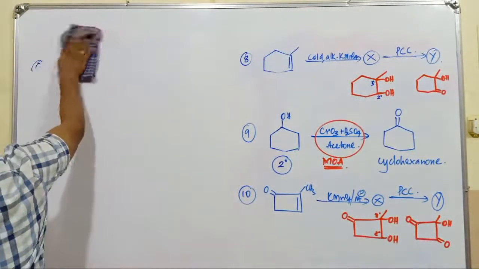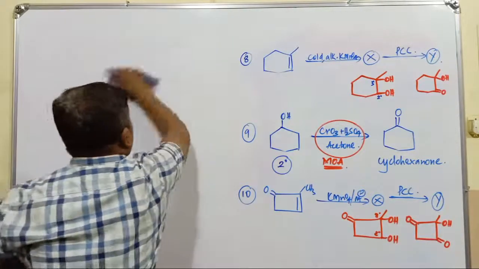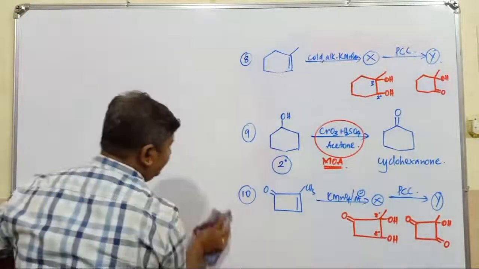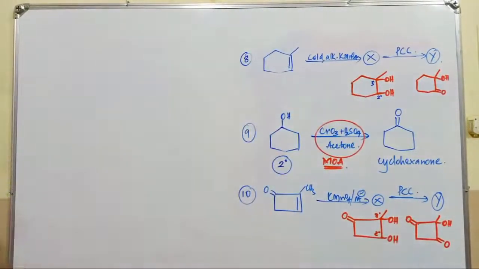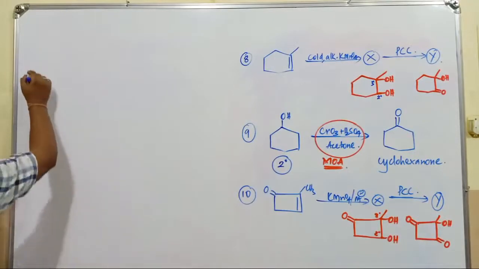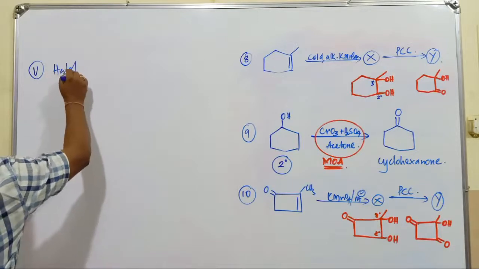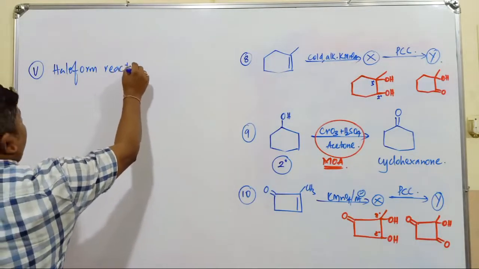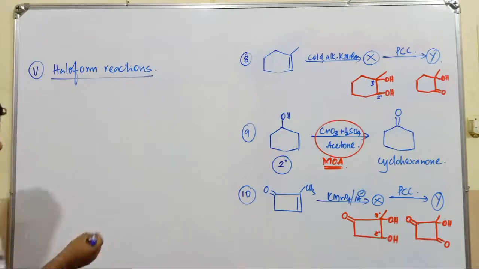After this oxidation of alcoholic compounds, one more reaction we have to consider, that is number 5: haloform reactions. What are haloform reactions?